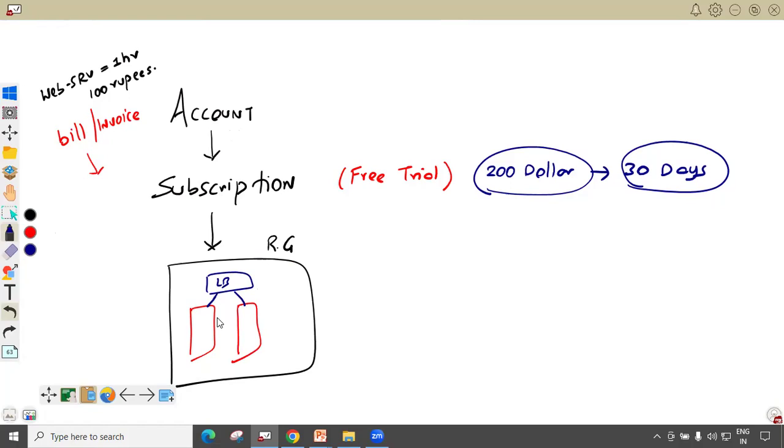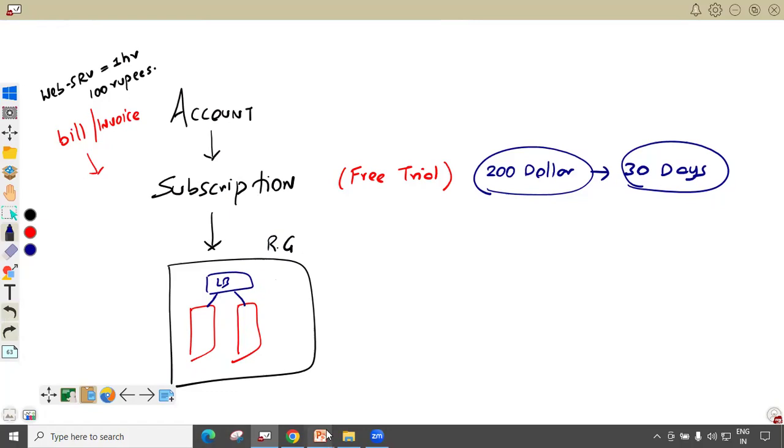So all the resources are inside the resource group. And the resource group is created inside the subscription. If you don't have the subscription, forget about creating a resource group, forget about creating resources. Okay. So subscription plays a very important role.